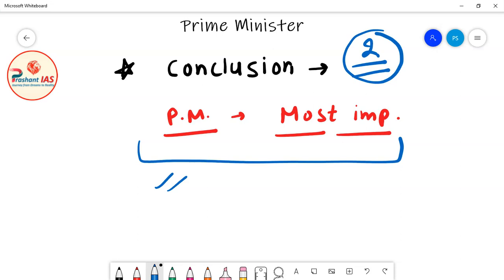If you write all the points smartly which I have taught you, then you will get extra marks and the chances of your selection will increase, because this is very analytical and very good content.